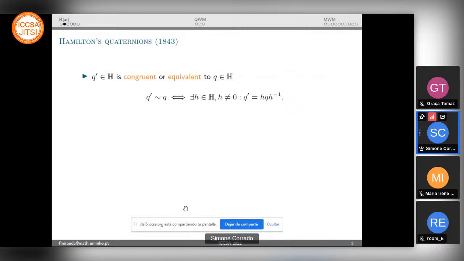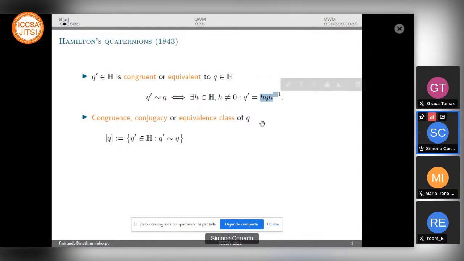In H, we define an equivalence relation, saying that two quaternions q and q prime are equivalent if and only if there exists a non-null quaternion h such that q prime can be obtained by multiplying h q h inverse.